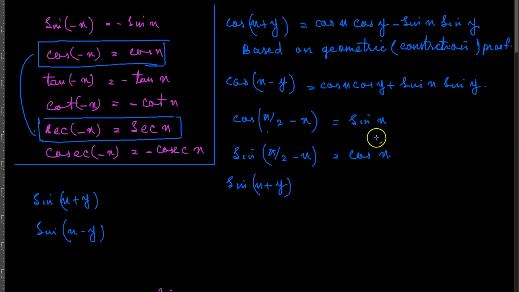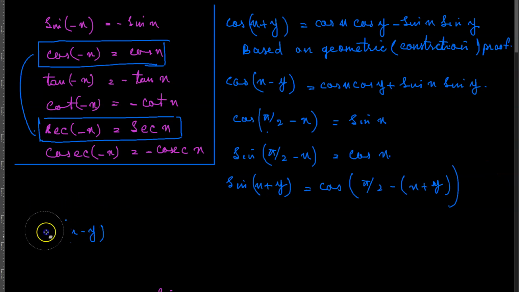what I can do is that I know that sine of x is equal to cos of pi by 2 minus x. So I can write this as cos of pi by 2 minus x, which is x plus y. And now that is basically the same thing as cos x minus cos y, right? Which is, of course, at this point in time, we don't have actually that formula.